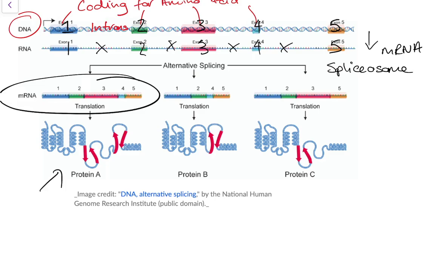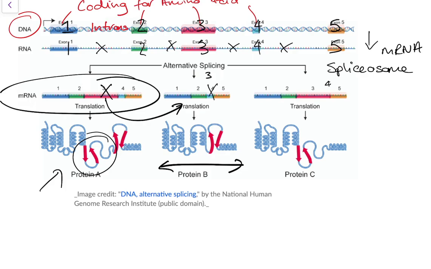And that's going to lead to a particular protein, a particular polypeptide, which folds up in a particular way. But if we look at option number 2, you'll see that exon number 3 was not included. And that means that this is now a shorter polypeptide and it's missing this region, which is going to give it a slightly different function. And over here you can see that it's missing region 4.